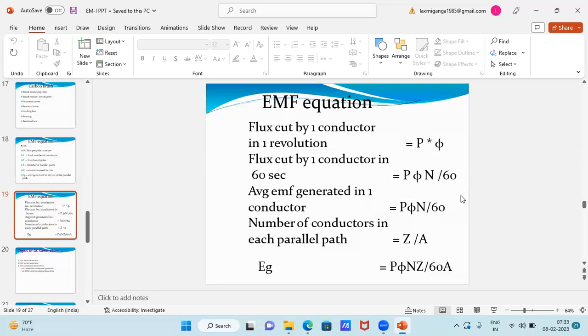Flux cut by one conductor in 60 seconds is equal to P phi N divided by 60.